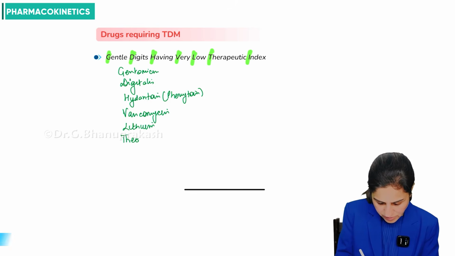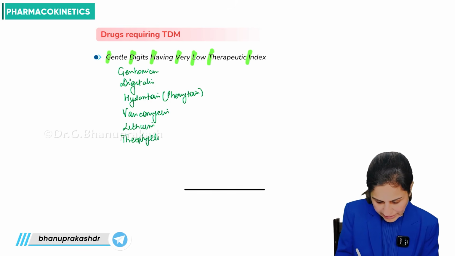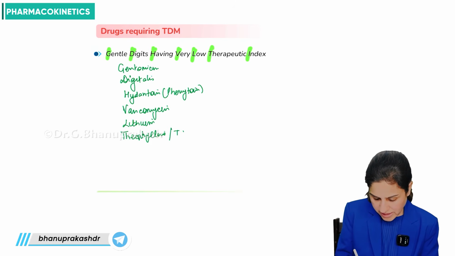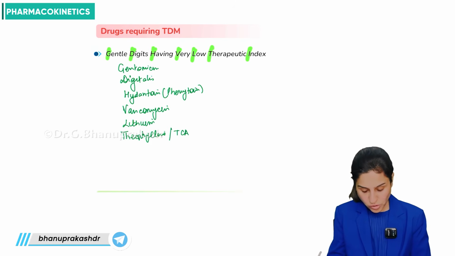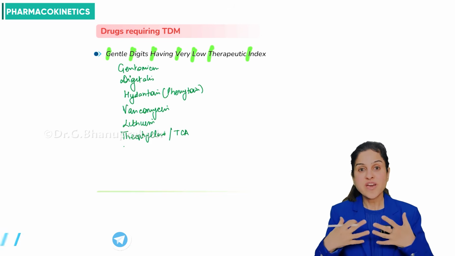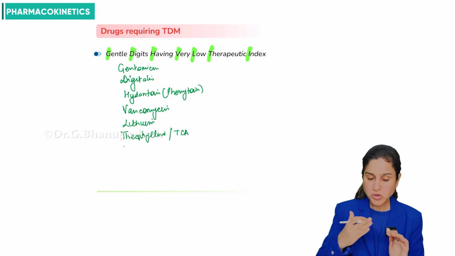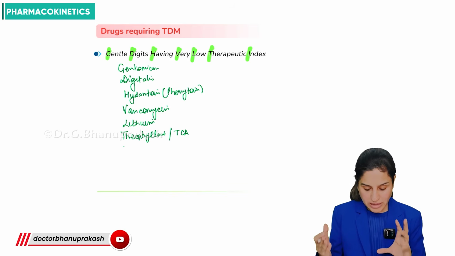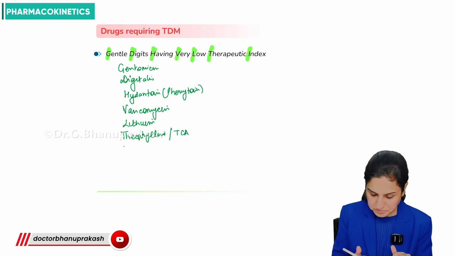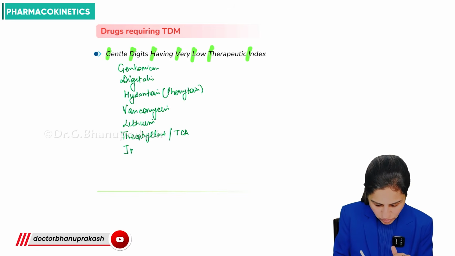This we have theophylline, right? And tricyclic antidepressants also. TCAs actually have a variability of response in individuals, right? So no two individuals might require the same dose of the drug. So that's why we have to monitor this. I stands for immunosuppressant.